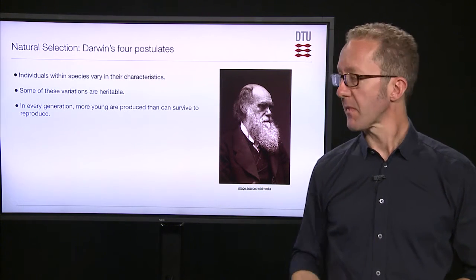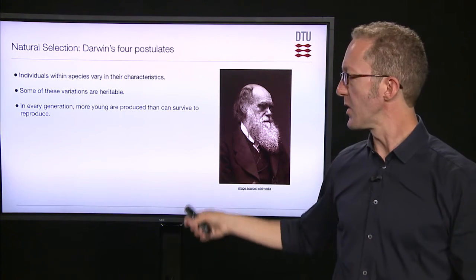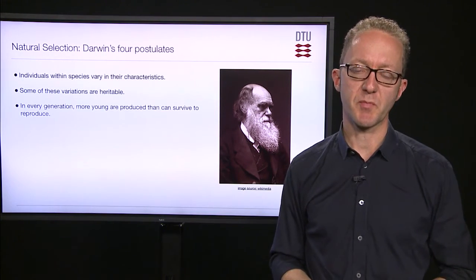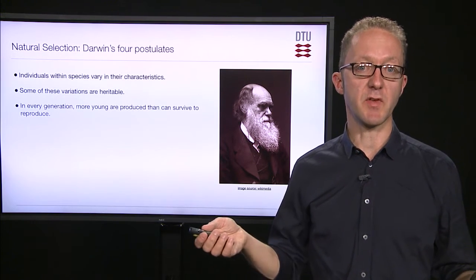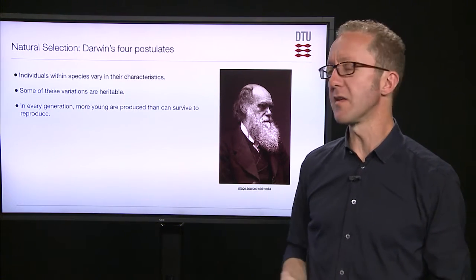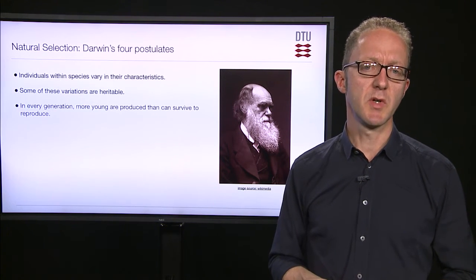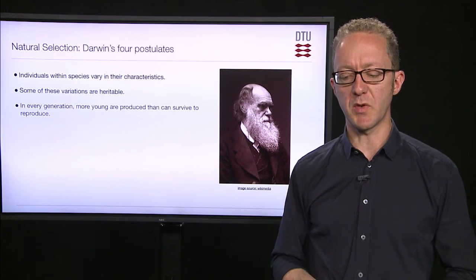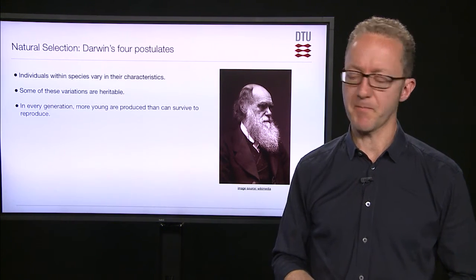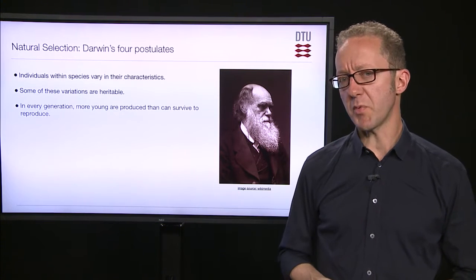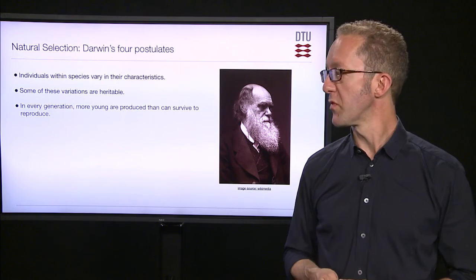Postulate number 3, in every generation, more young are produced than will themselves survive to reproduce. Again, that's obviously true for some species, like, for instance, fish, which may lay millions of eggs, but where only a handful, maybe 1 or 2 fish themselves will grow old enough to lay eggs of their own that will then hatch, etc. For other species, it's perhaps not quite as self-evident, but nevertheless, it turns out to be true for those also.